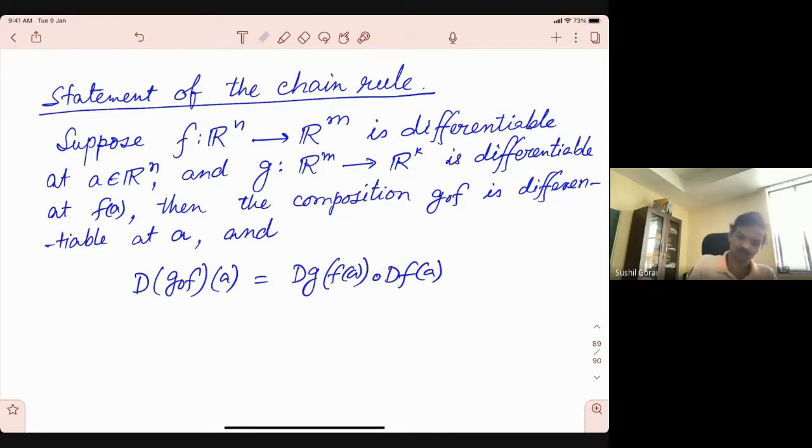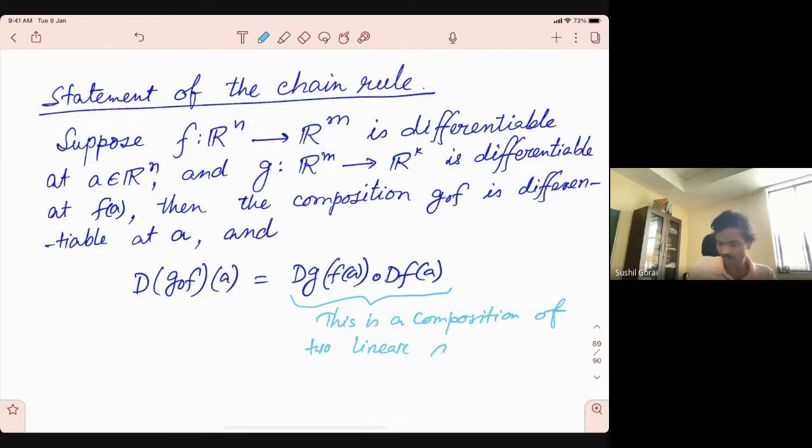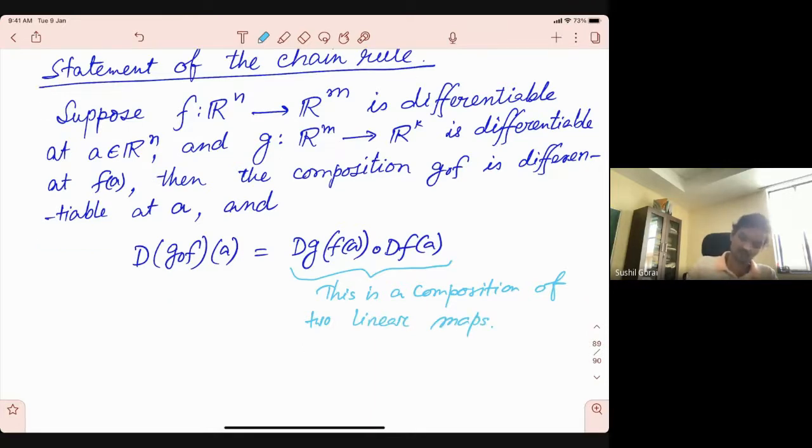So this is a composition of two linear maps, right?